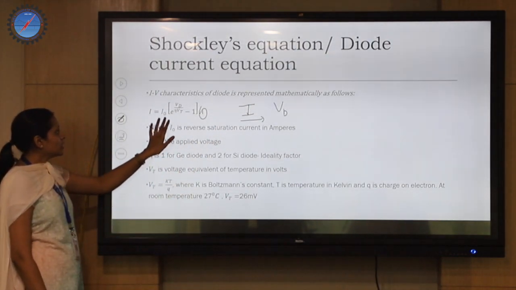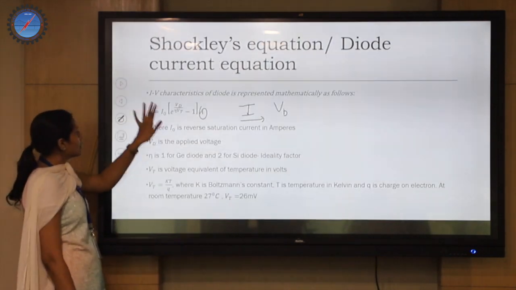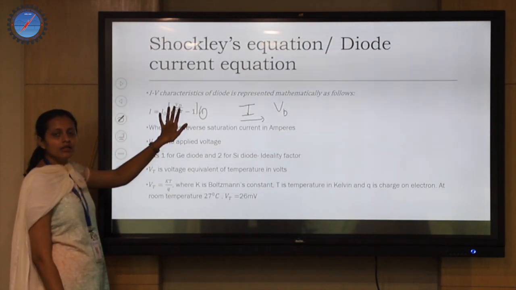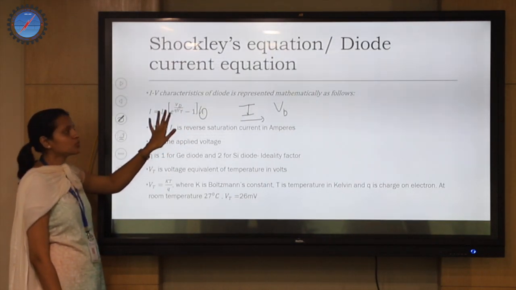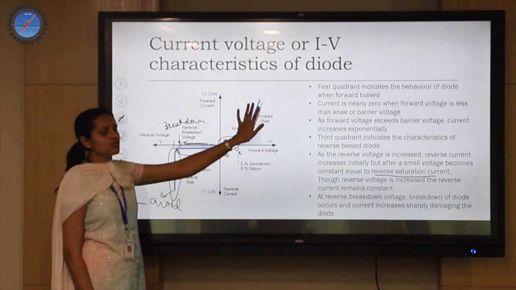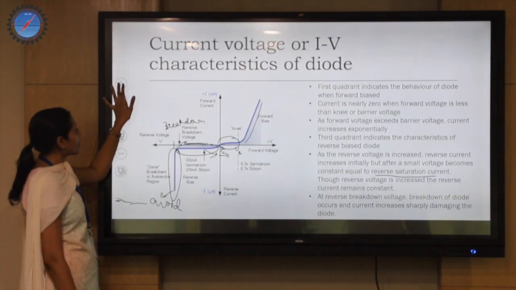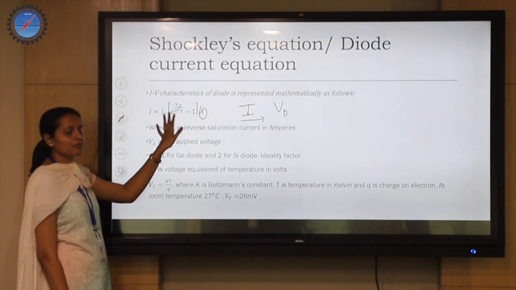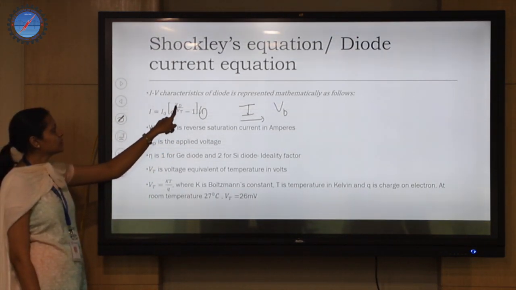Why do we have the exponential? You can see here, when you make the voltage forward bias, Vd becomes more, so the exponential term becomes more. So we have an exponential increase in the current, right? That is indicated by this term. We'll see the meaning of each of the terms here.